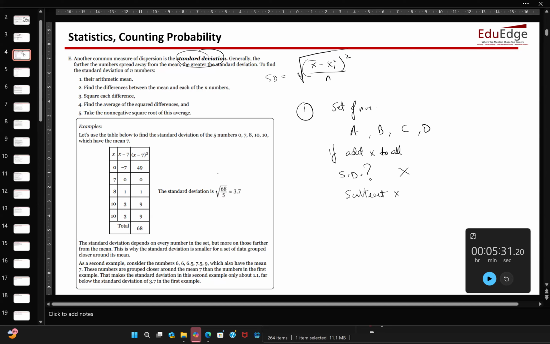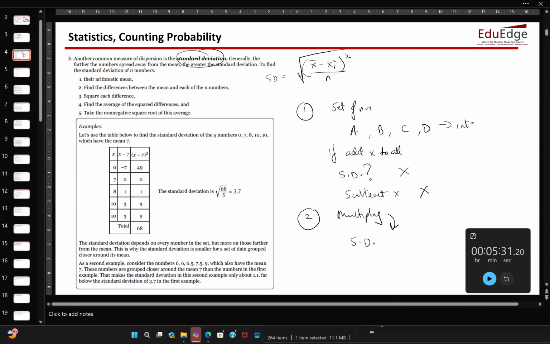But if you multiply, it will change. Will it increase or decrease? Increase, no? By whatever you're multiplying it by. So it depends on two things. If either of those are fractions, then it will decrease.